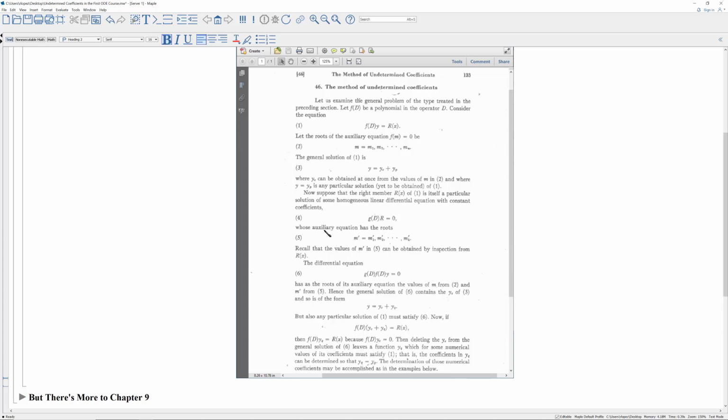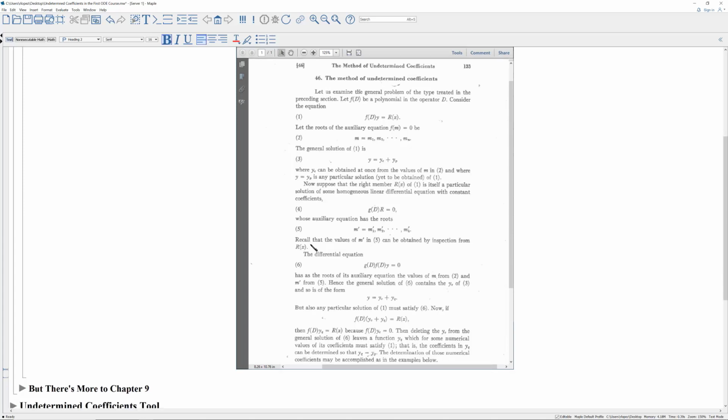And it has an auxiliary equation, or a characteristic equation, with roots he calls m prime. These are what I call the latent roots, the roots hiding in the right-hand side. So he says, recall that the values of m prime can be obtained by inspection from r of x. Yeah, if you've got enough experience going from front to back, you can extract that by inspection.